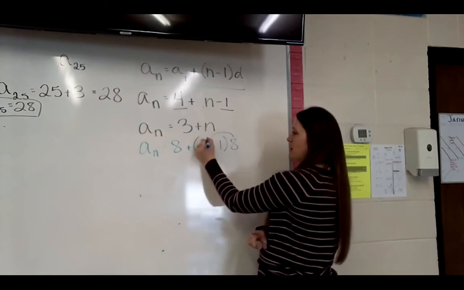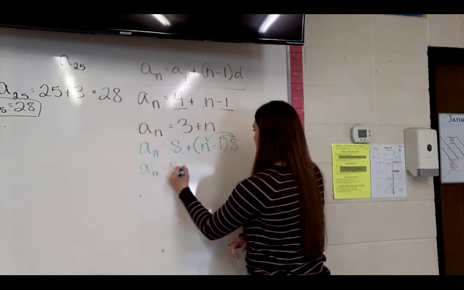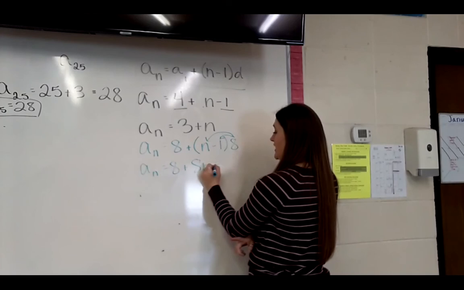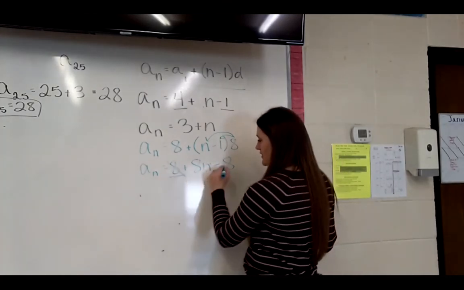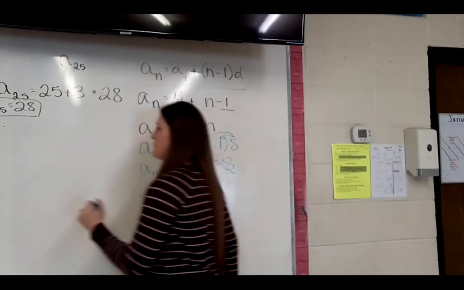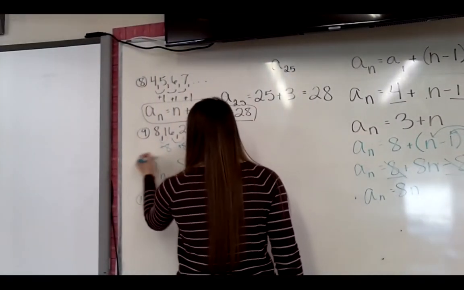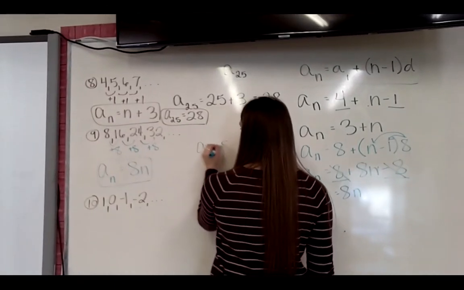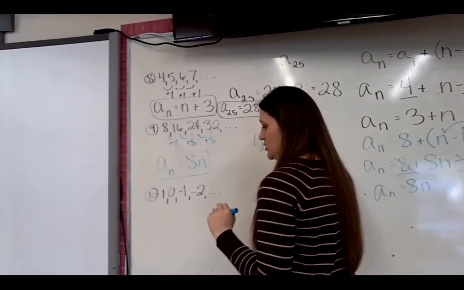So on this problem, I've got to distribute because it wasn't a 1. 8 times n is 8n, minus 8 times 1 is negative 8. So now 8 minus 8 cancels. So this one, a sub n equals 8n. That's our equation. So then to find the answer, we do a of 25, which means we do 8 times 25. That would be 200.